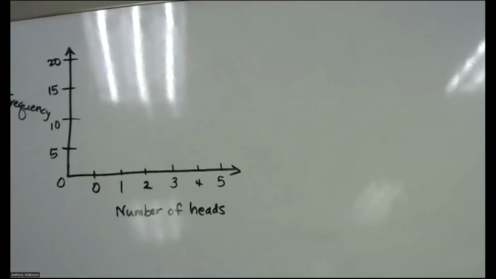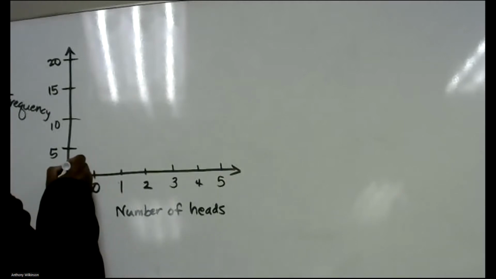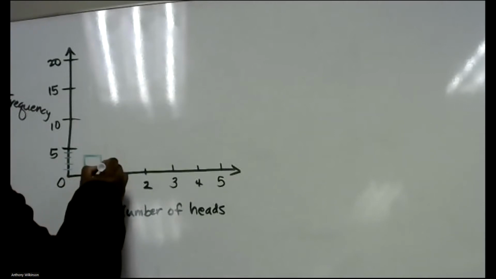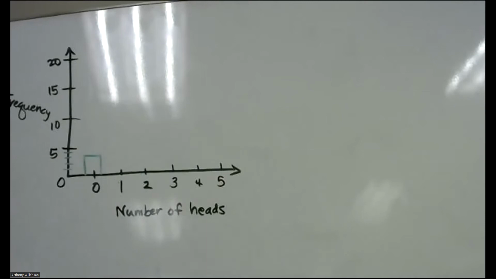So for the number of heads where there were 0 heads, that frequency was 3. Three would be somewhere about right here. So I'm going to draw a bar at the height of 3, like this.